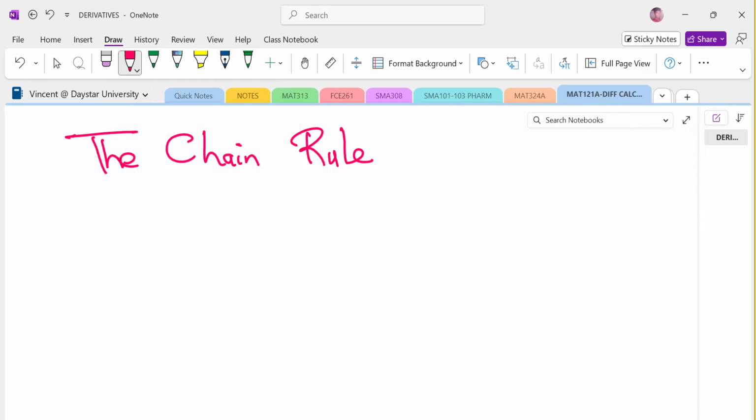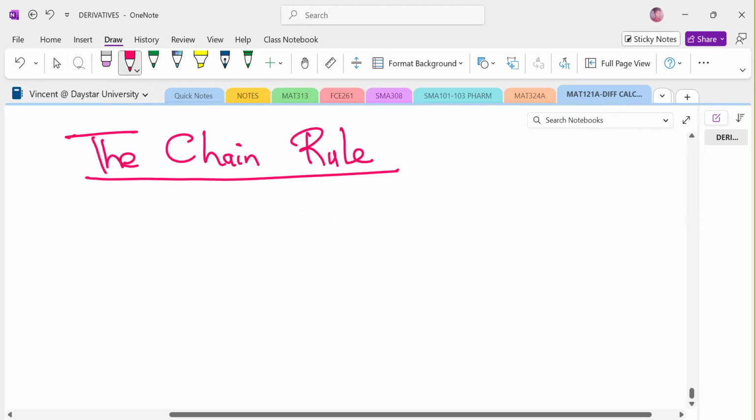So chain rule is applicable for composite functions. So we'll give the statement and then give examples to illustrate how to find derivatives using this method.